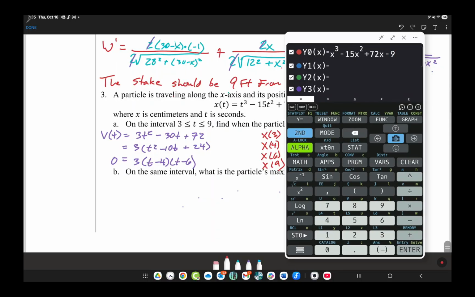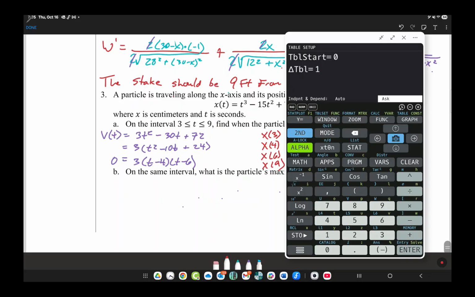Now, let's see if mine will do this. There we go. On your calculator, if you go to table set, you should be able to change your table to ask, so that way you don't have to scroll down for whatever value. You can actually go to your table, type in what value you want to plug into the function, and it will spit it out to the y column.